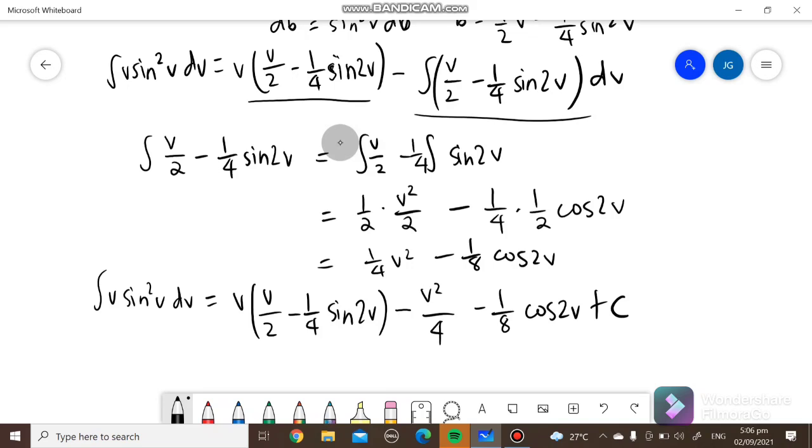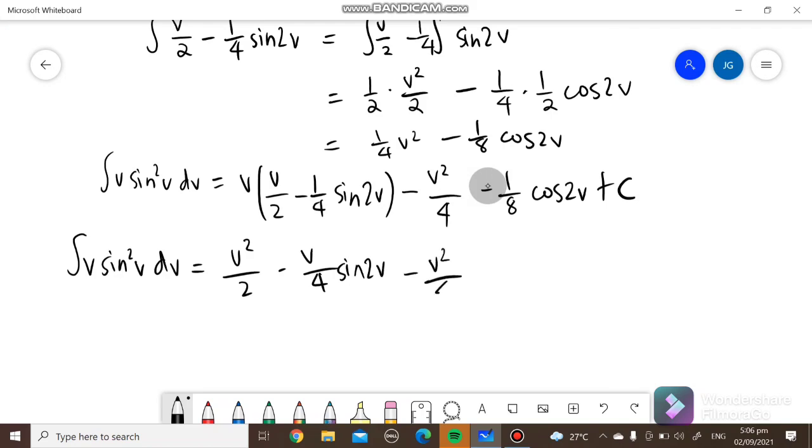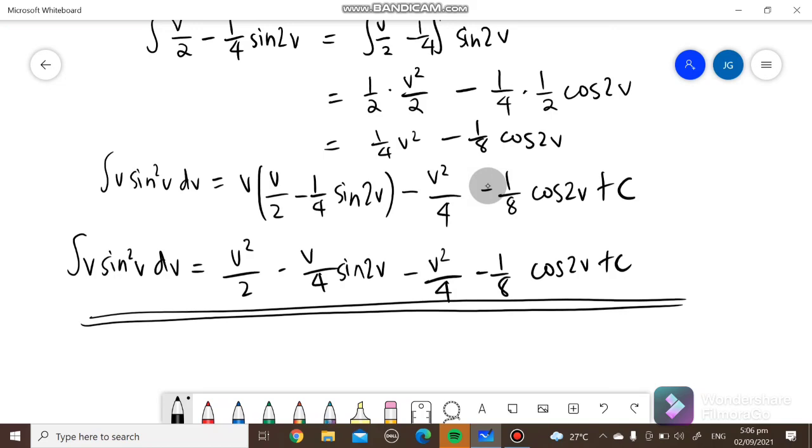So, that can be your answer, pero pwede natin siya masimplify pa by distributing v to this equation. To distribute that, we will have the final answer. The integral of v sine squared v dv is equal to v squared over 2 minus v over 4 sine 2v minus v squared over 4 minus 1/8 cosine 2v plus c. So, this is our final answer.